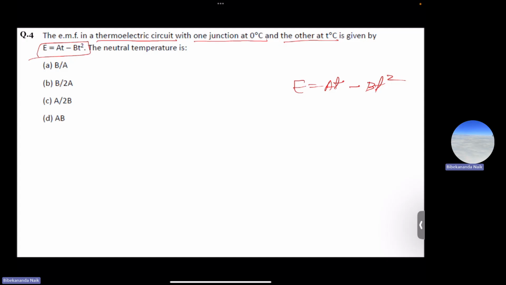So here the EMF expression is given as EMF equals AT minus BT square. Now, what is neutral temperature?